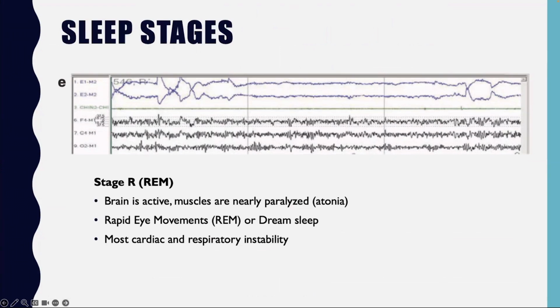In this sleep is where we dream, but the muscles are nearly paralyzed. This stage of sleep is also where you often see the most cardiac and respiratory instability. And here you can see the example of the rapid eye movements in REM sleep.